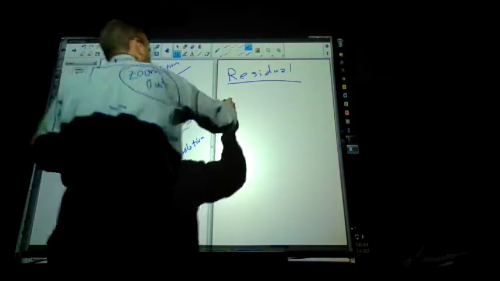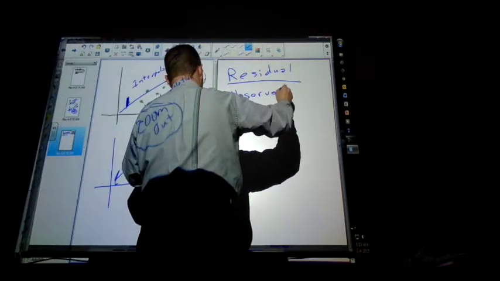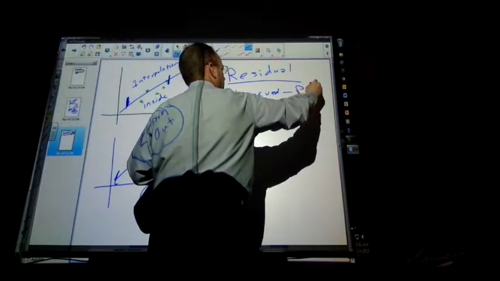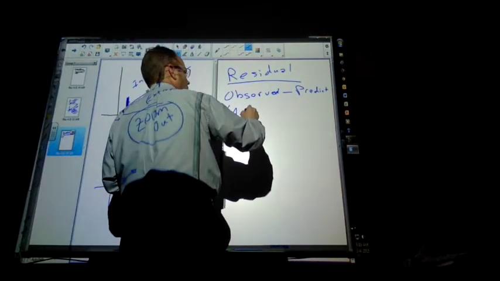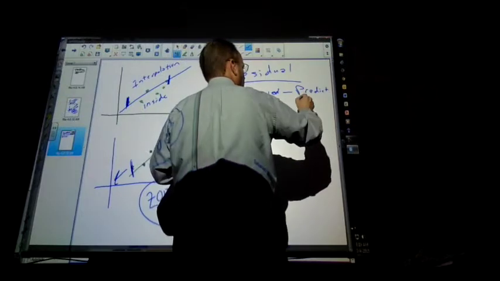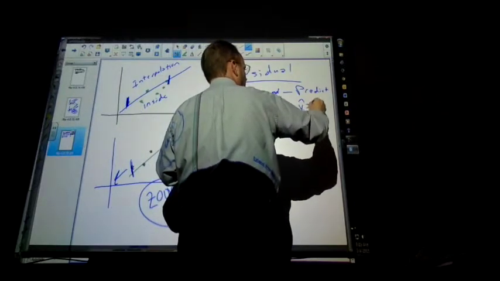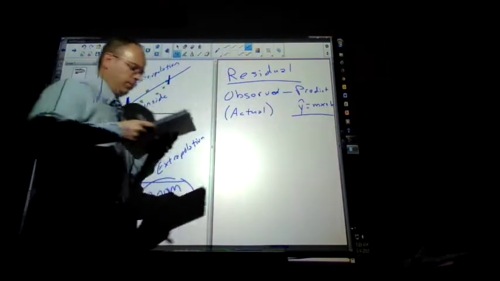And it's going to be observed minus predicted. So this is like an actual point or piece of data, and this is your y hat. So this is what the calculator came up with.